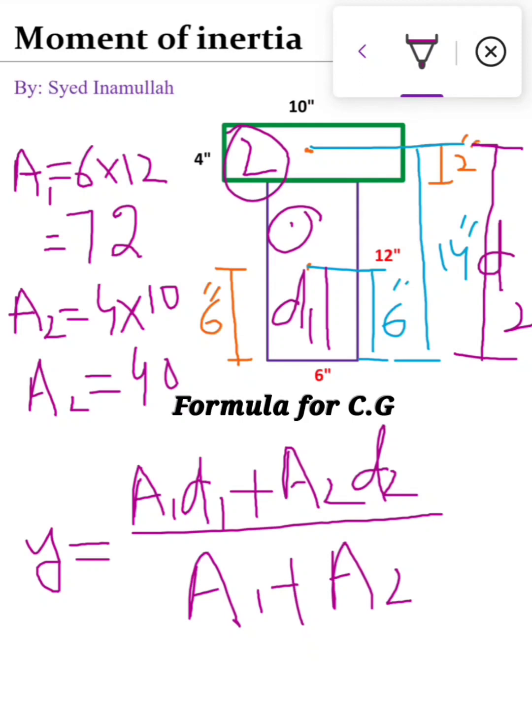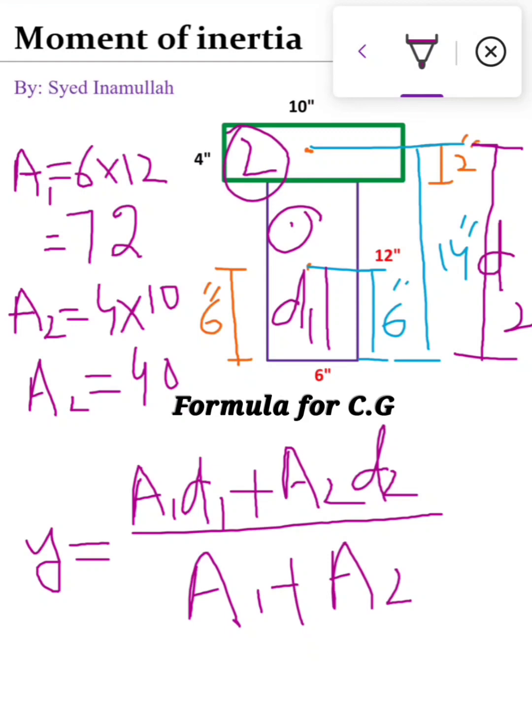Here two rectangles are given, so you write only two areas. If three rectangles are given, then you should write three areas in the denominator and the terms with d1, d2, d3 in the numerator. So now I will just put in the respective values.